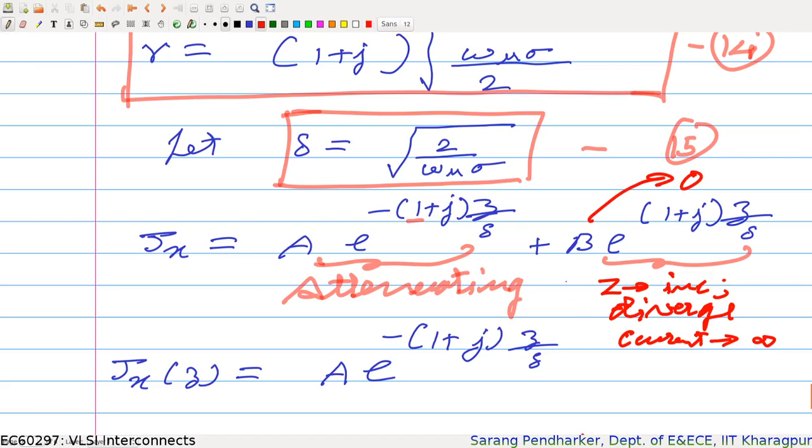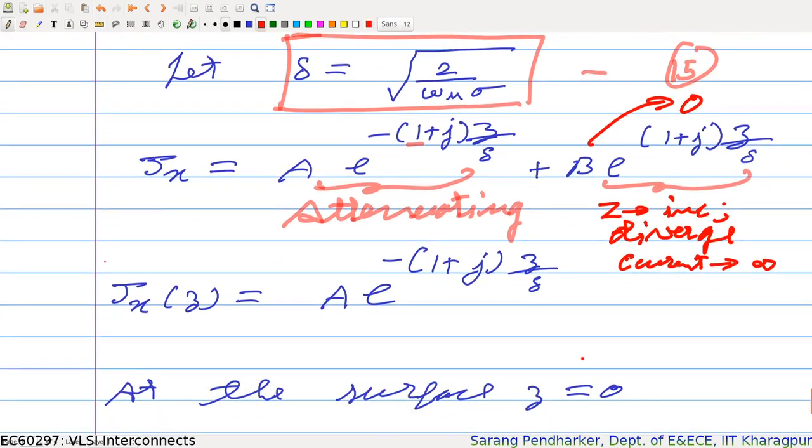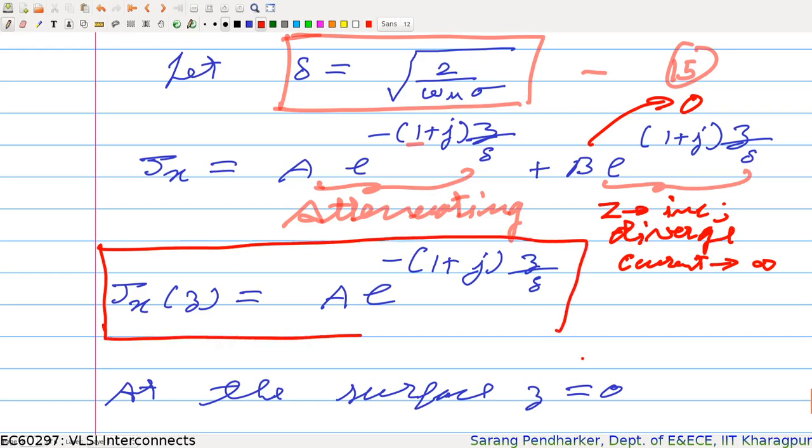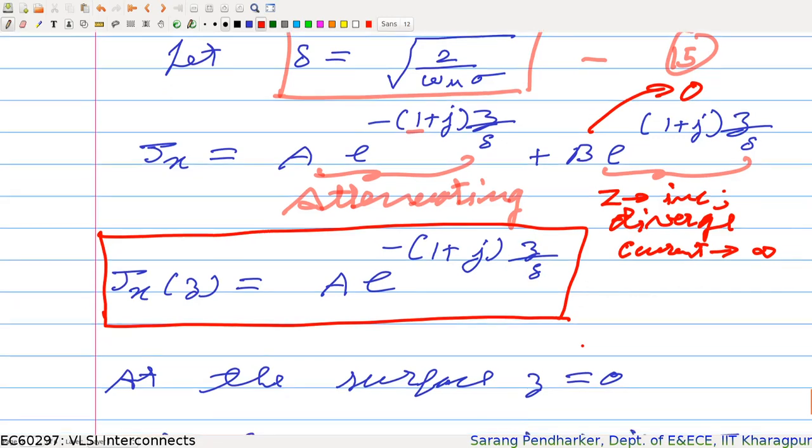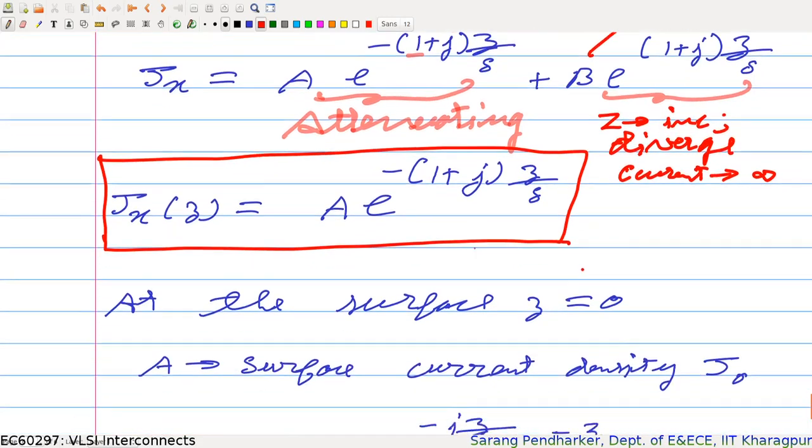So b is 0, and what we have is the remaining part, j_x as a function of z, a e to the power minus (1 plus j) z by delta. Here delta, you can see, we define as the skin depth, and we will discuss that in more detail.